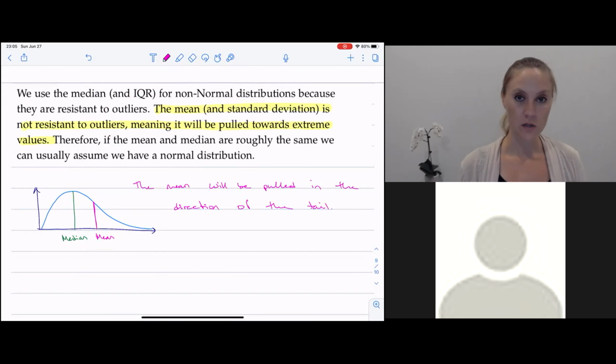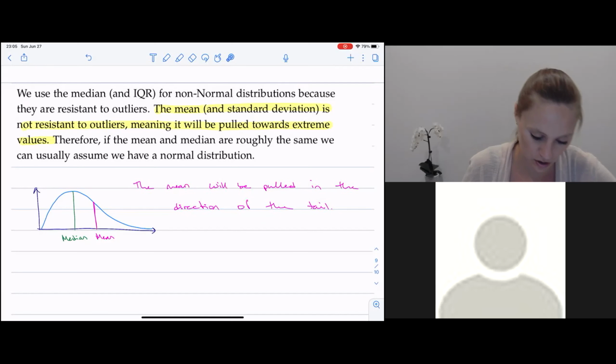Okay. So then I want you to think of the other situation, right? If you have a normal distribution or even a symmetric distribution, but often if you have a symmetric distribution, it is normal. If you have a symmetric distribution, then there is no tail for the mean to go to. And if it's symmetric, then the median would be in the middle. And so if the mean and the median are roughly the same, then we can usually assume that we have a normal distribution, right?